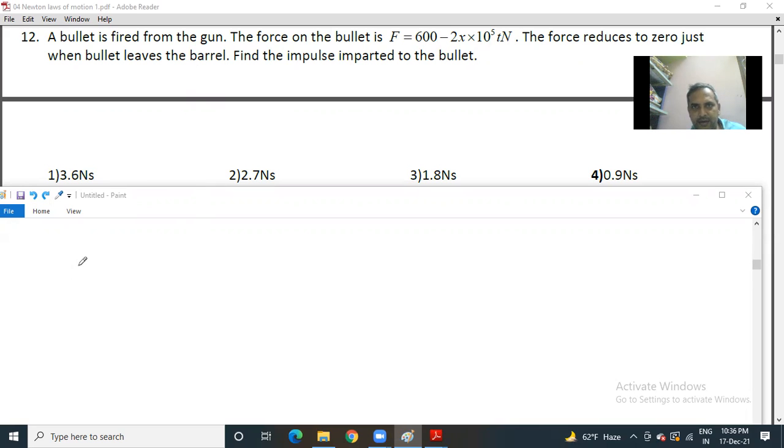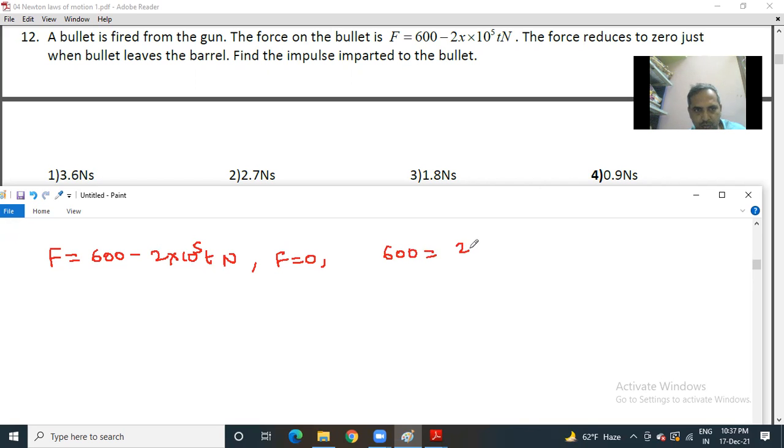First let us find out what t is when F is equal to 0. F = 600 - 2 × 10^5 t newtons. If you put F = 0, you will get 600 = 2 × 10^5 t. Therefore t = 300 by 10^5.